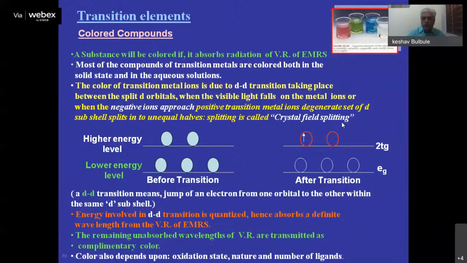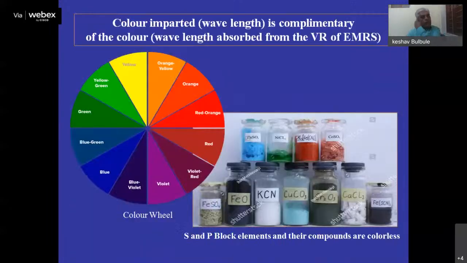And now the color imparted by a substance can be beautifully explained by this color wheel. Color, as I mentioned, for a science student should be wavelength and should not be called color only.